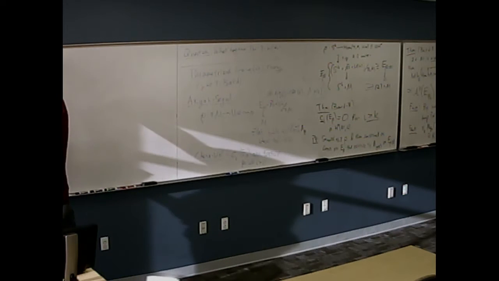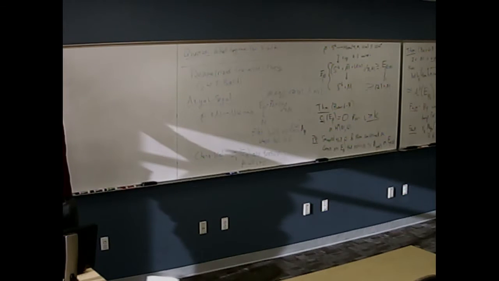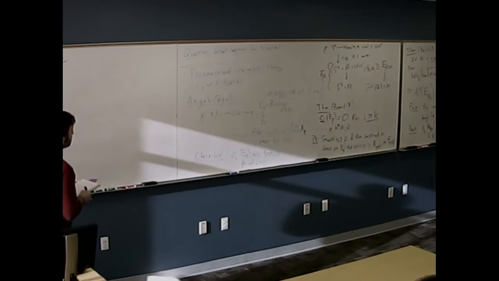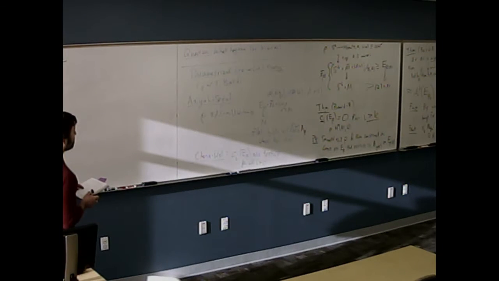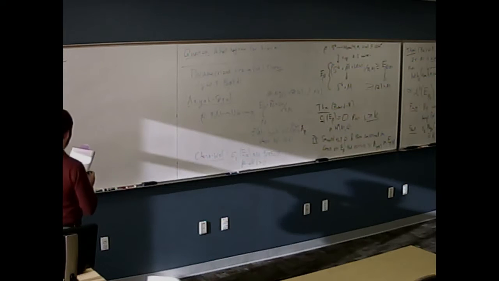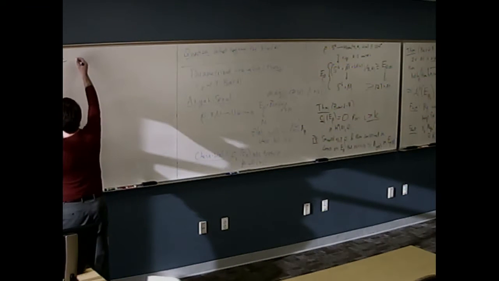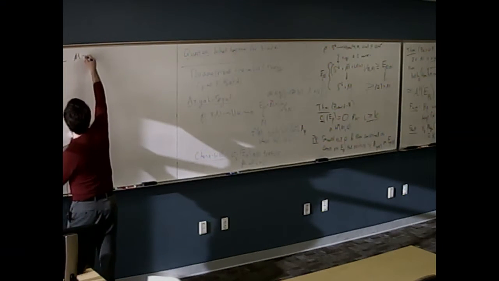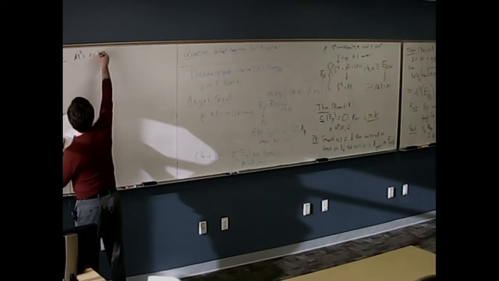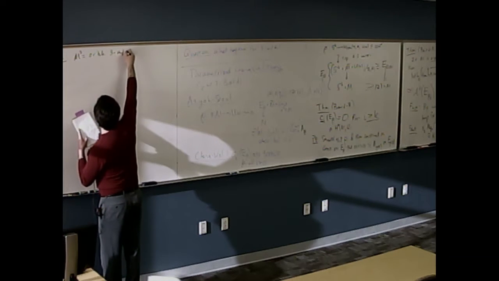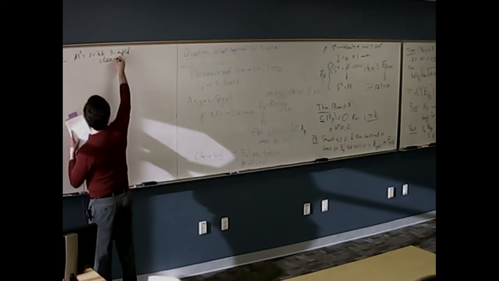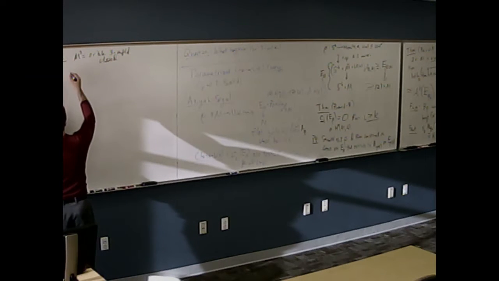Okay, so let's see. I want to give an example of what this stuff tells us. Let's think about a 3-manifold, M^3, an orientable closed 3-manifold.